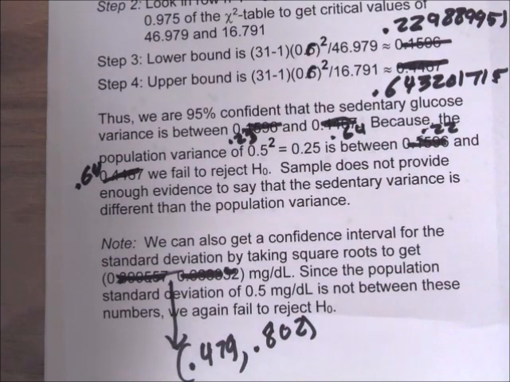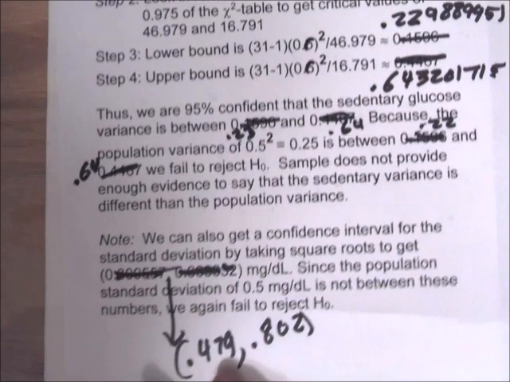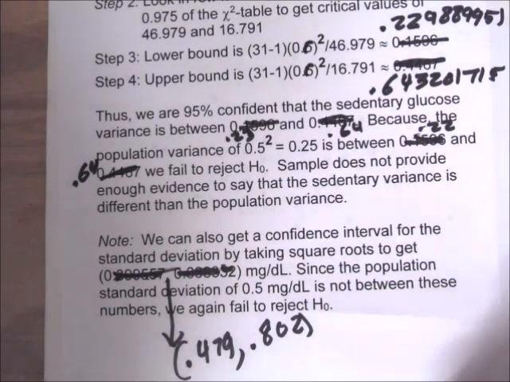And again, because 0.5 is between these two numbers, that means we fail to reject H0.